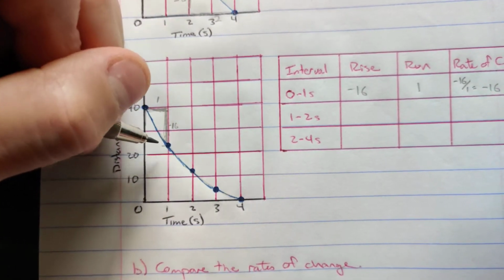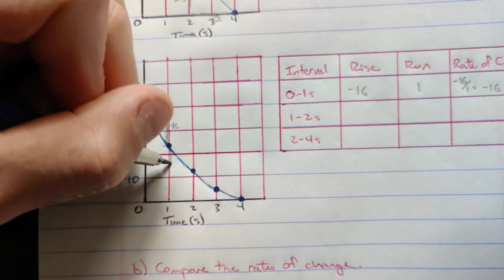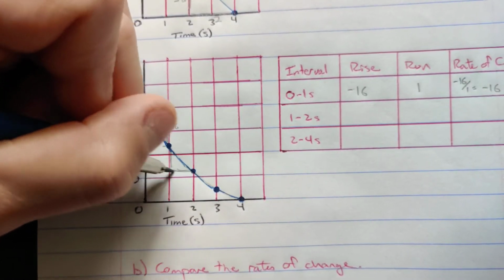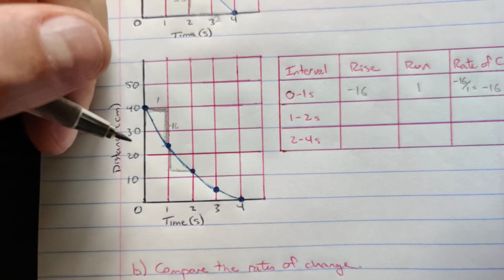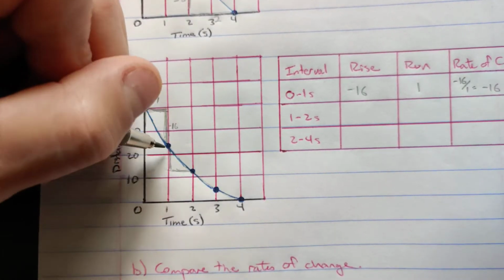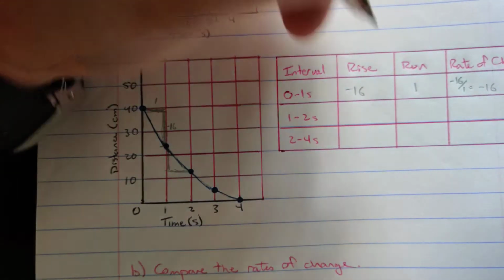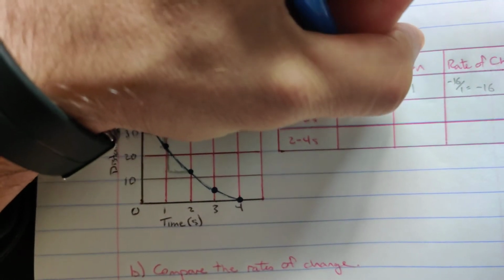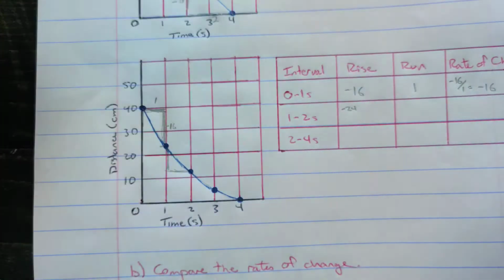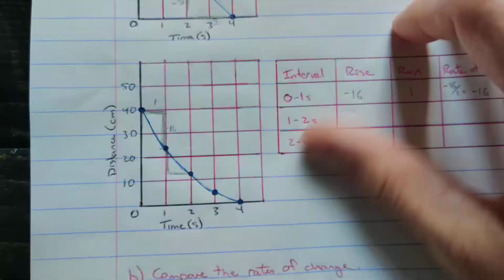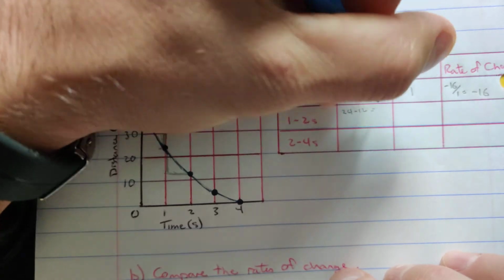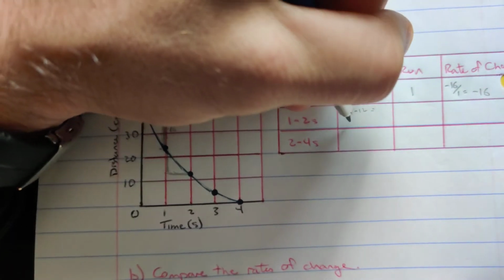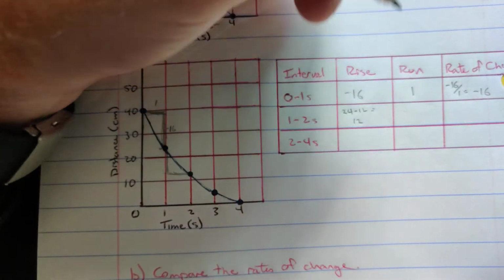In the next case, going from 1 to 2 seconds, we're going from about 24 here, we're going down to about 12, let's say. So from 24 to 12, 24 minus 12, we're going down by a total of 12.